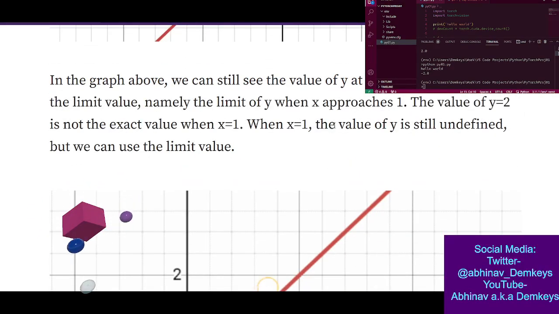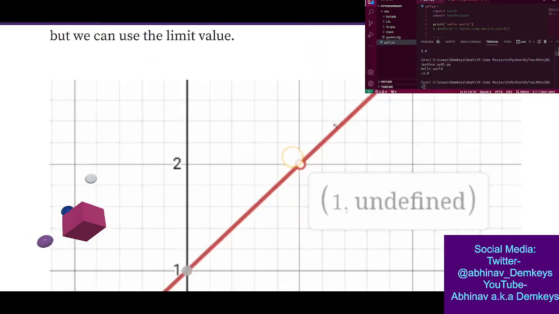The value of y equals 2 is not the exact value when x equals 1. When x equals 1, the value of y is still undefined, but we can use the limit value.